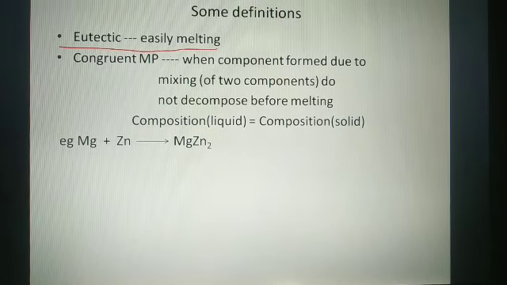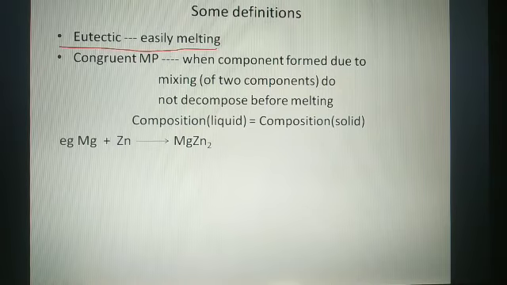Congruent melting point. Whatever I have discussed yet is a system where two metals are melted, but one metal is not going to react with the other metal, or it is a chemically unreactive system.